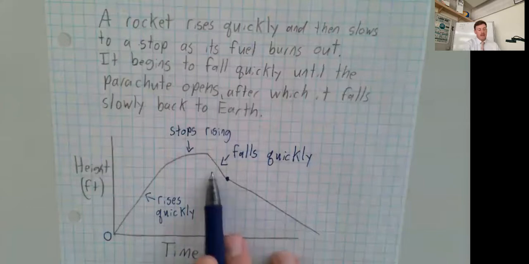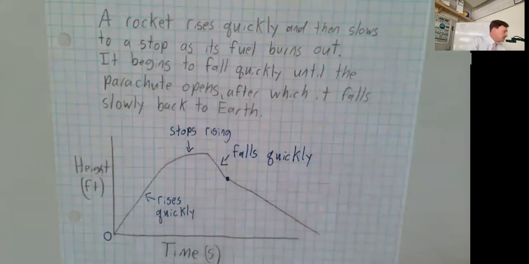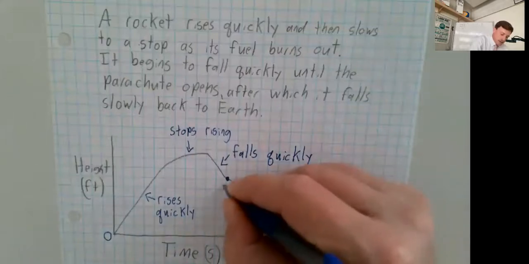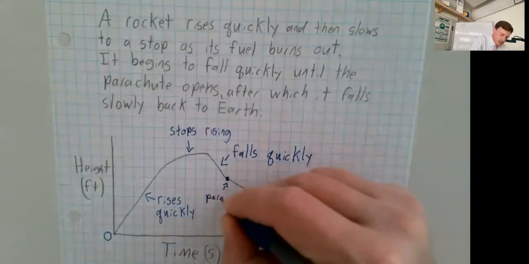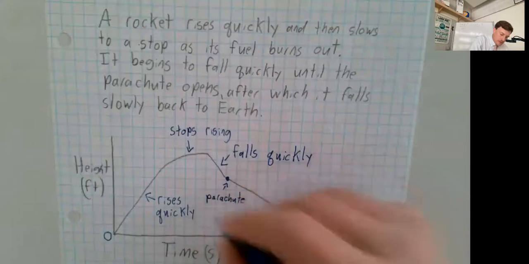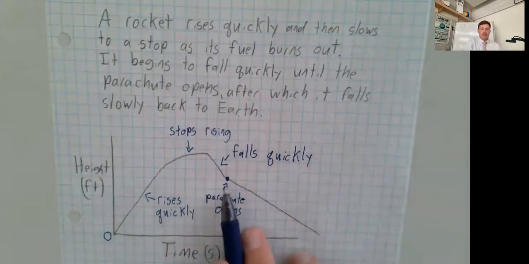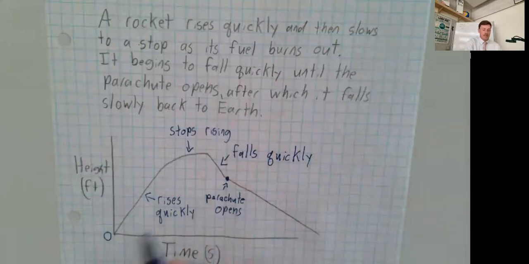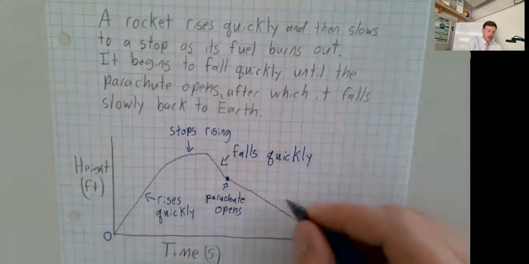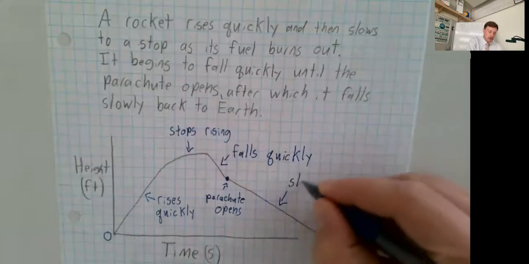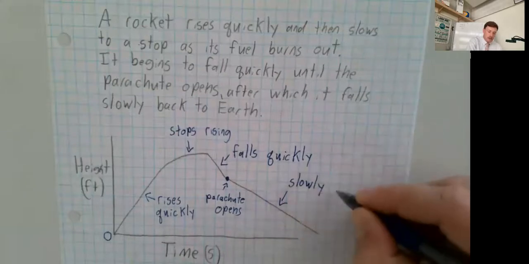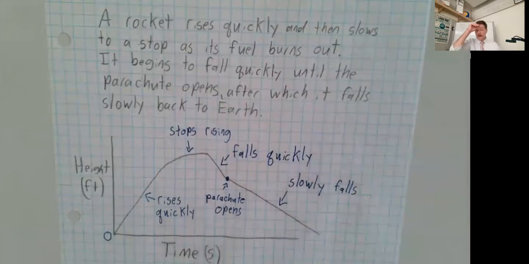Again, they're both negative, but this one's a lot steeper than this. So I know that the point I just pointed out is where the parachute opens. And after that point, remember we're talking about time here, that's moving across time, is when it slowly falls back to Earth.